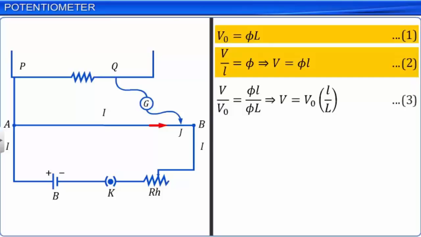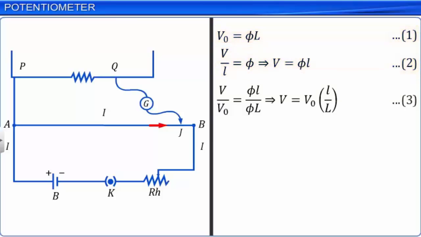To find the value of V naught, the resistor in the secondary circuit can be replaced by a cell whose EMF E naught is known. Then, contact is made using the jockey at different points on potentiometer wire till a balancing length L naught is obtained.